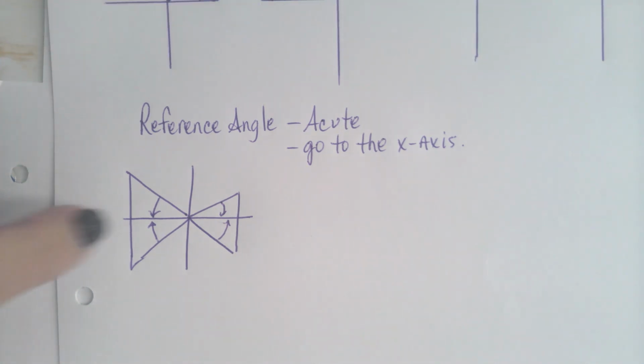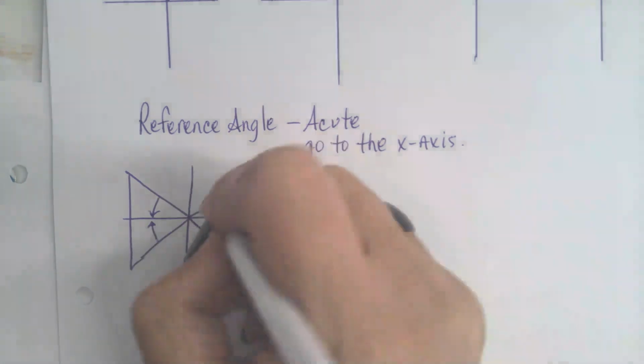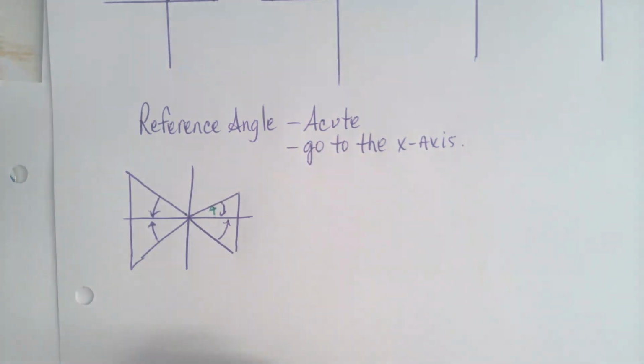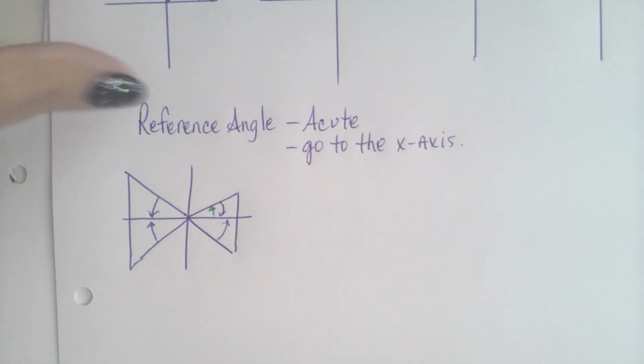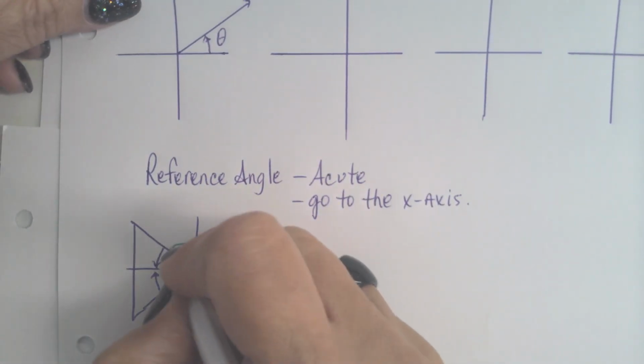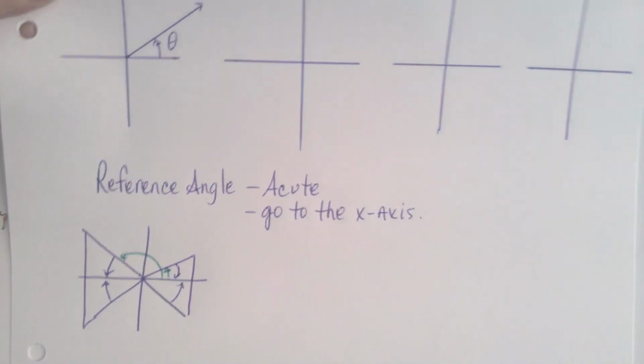All right. Are all these angles acute? Yes. Now, are all the standard position angles acute? No. Which is the only one that would be acute? The first one, right? Because that one goes from this one up to there. My standard position angle in quadrant 2 is from here to there.